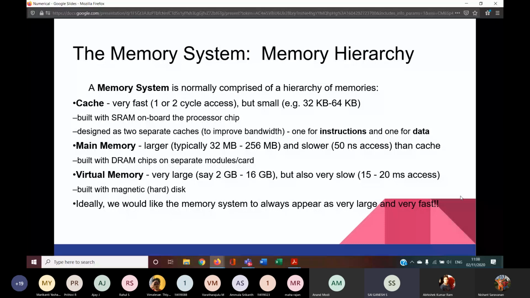So the difference stands here. Cache memory, the SRAM, is the fastest memory. It is so fast because it has 6 transistors built into it, 6 transistors for 1 bit of memory, whereas dynamic RAM has only 1 transistor for 1 bit of memory. So you can see the cache memory is so fast, but it is also very expensive.